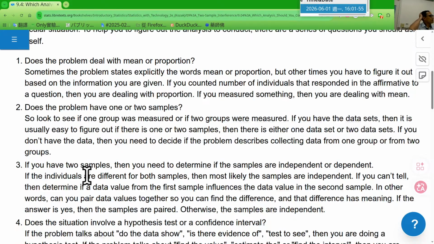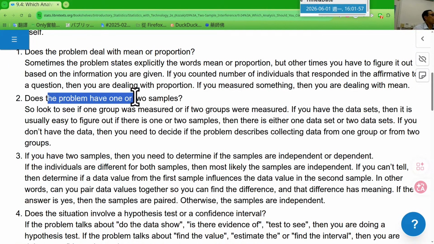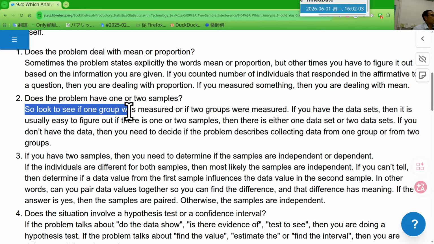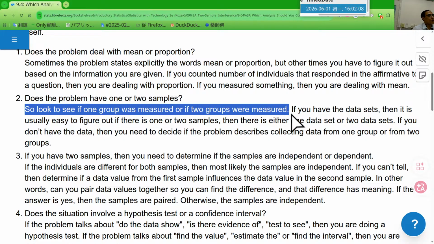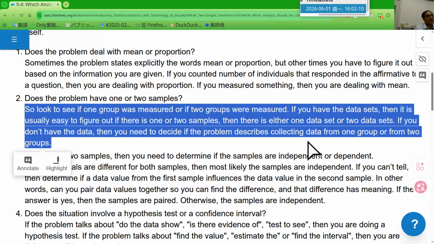The second point, does the problem have one or two samples? Look to see if one group or two groups were measured. If you have a data set, then it is usually easy to figure out if there are one or two samples. Then there is either one data set or two data sets.